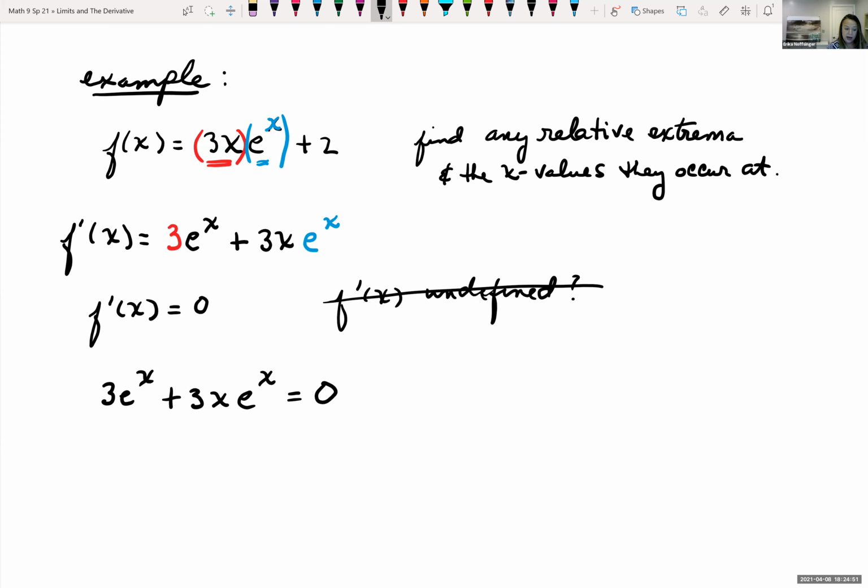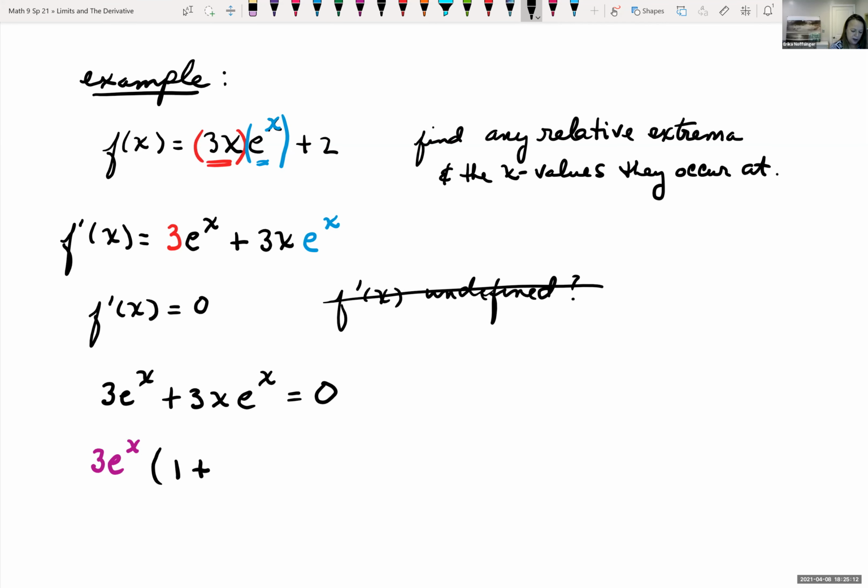So start out by factoring. Notice they both have a 3 in common, and they both have an e to the x in common. So we can pull out a 3e to the x. If you pull that out of the first grouping, there's nothing left except a 1.